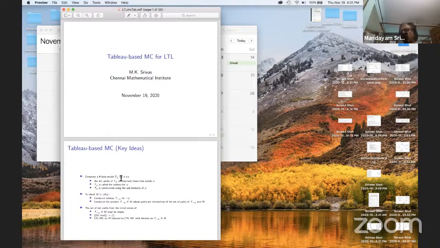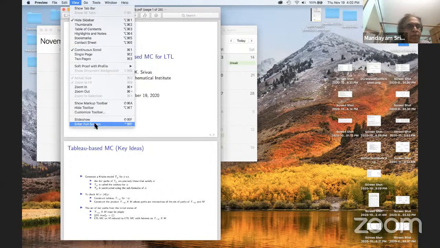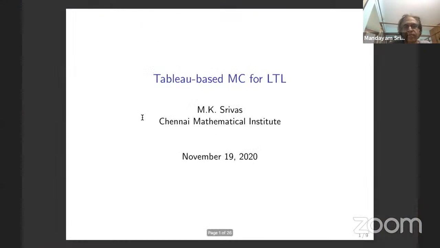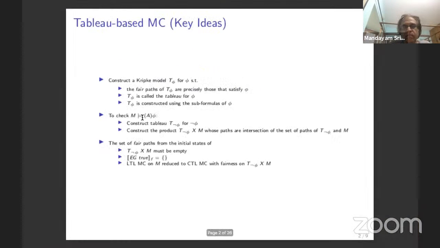So write it on a piece of paper, and then scan it and send it.